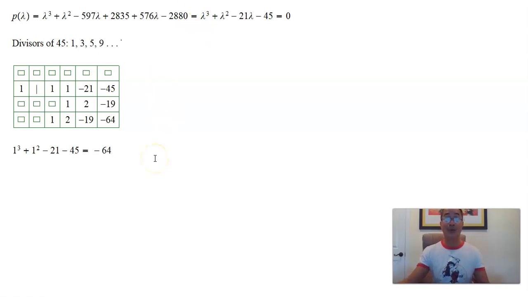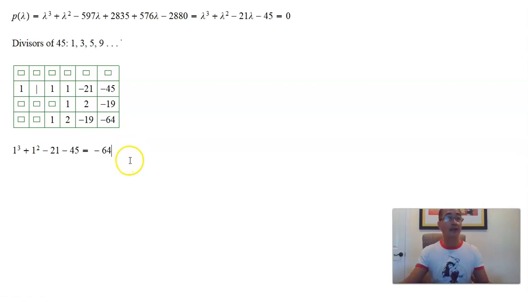We get minus 64. So that number that you get here is actually the value that you get when you plug in what you're dividing into P of lambda. So if you want a root, that remainder had better be 0. All right, so that didn't work.